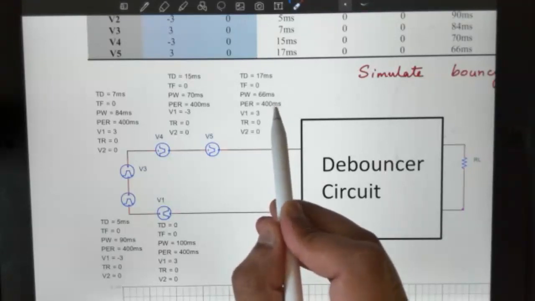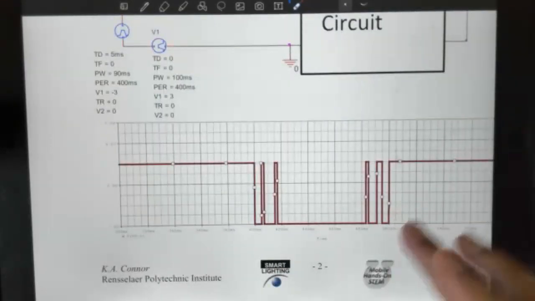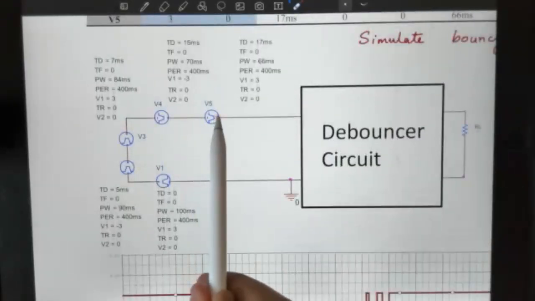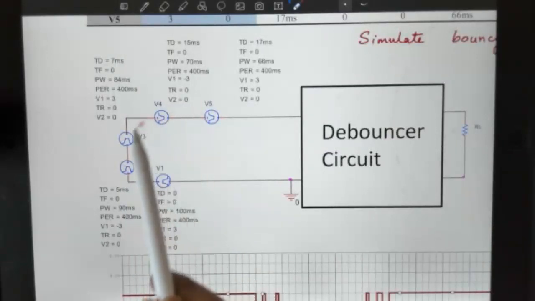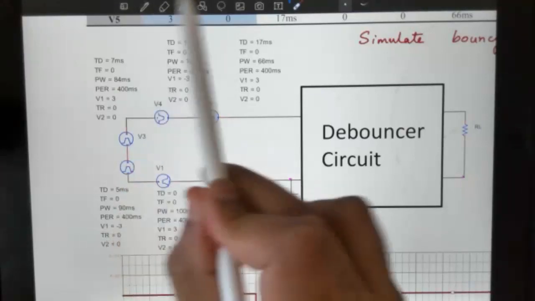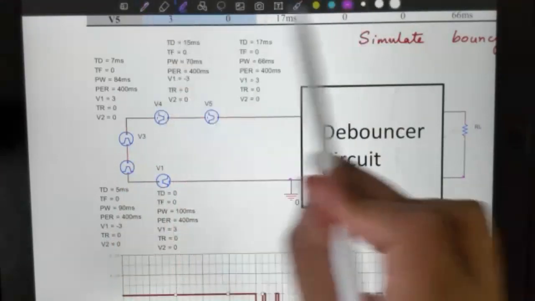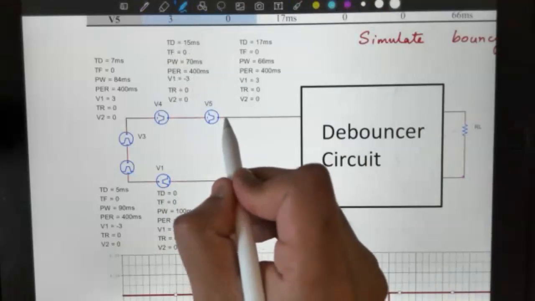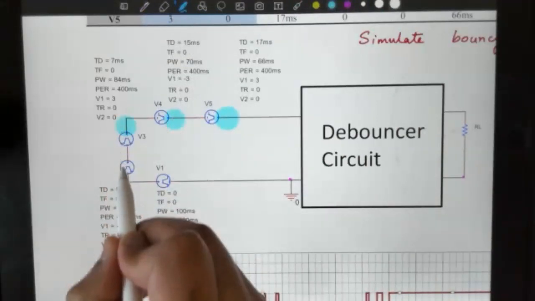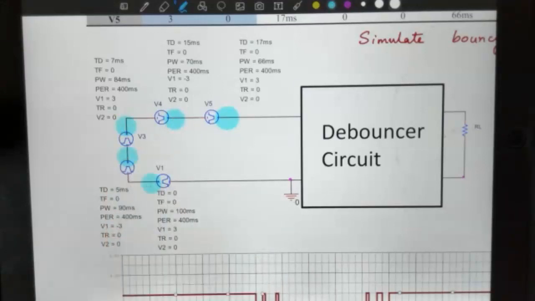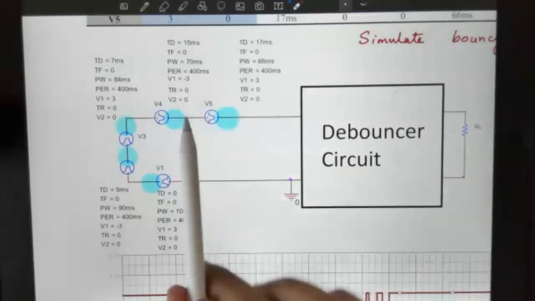They forget to put the M for millisecond, so it doesn't look like this overall. They don't connect the voltage sources in the particular polarity, the particular orientation. As you notice, I'm going to highlight the positive side first. V5 has a positive side on the right side, and so on. All the blues are the positive side of those voltages, and then the negative side of the voltages.